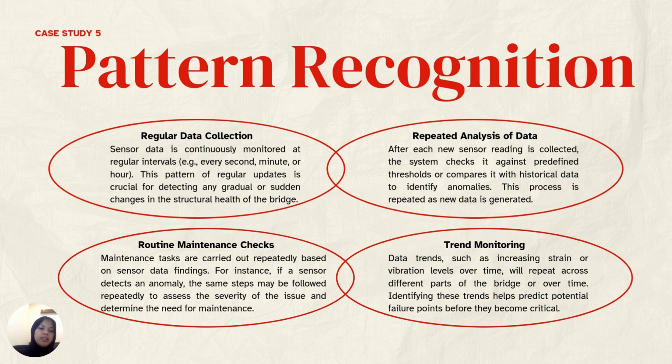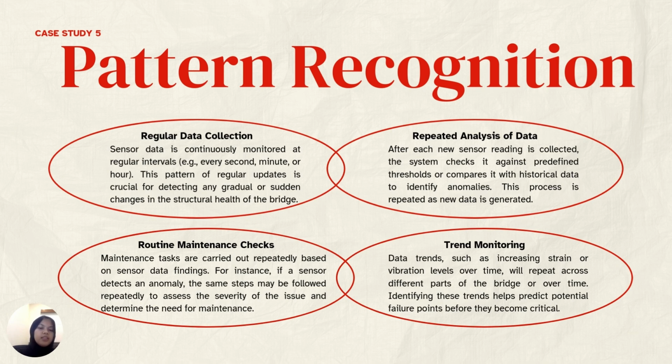The third one is routine maintenance checks. Maintenance tasks are carried out repeatedly based on sensor data findings. For instance, if a sensor detects an anomaly, the same steps may be followed repeatedly to assess the severity of the issue and determine the need for maintenance.